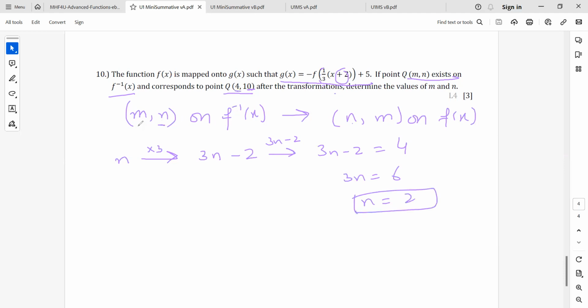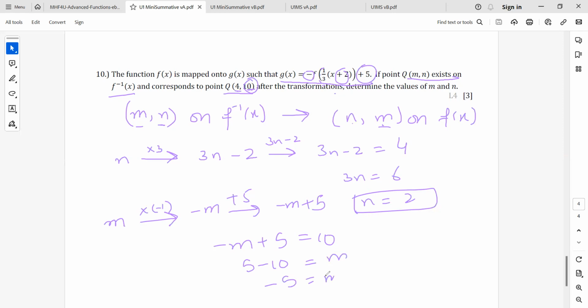Okay. Similarly, for the point M, they were saying to find a new point, and the new point is (2, -5).